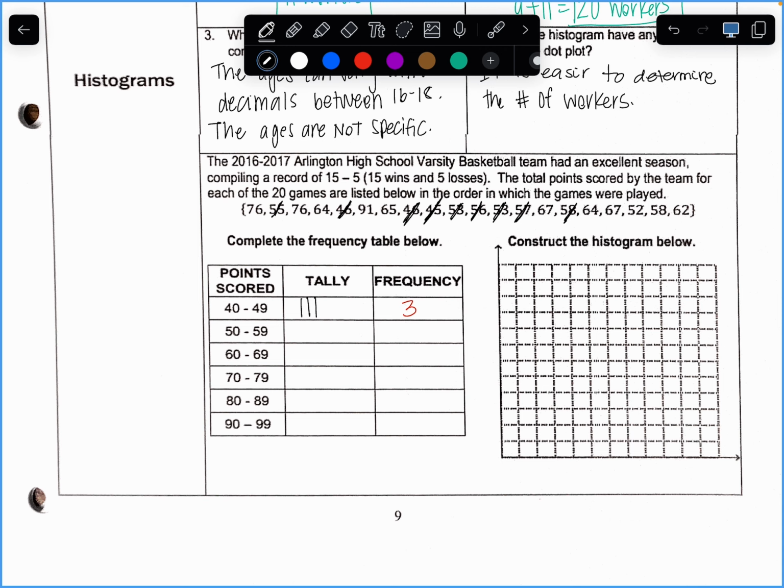Then keep going. 1, 2, 3, 4, 5, 6, 7, 8. What about the next one? 1, 2, 3, 4, 5, 6.